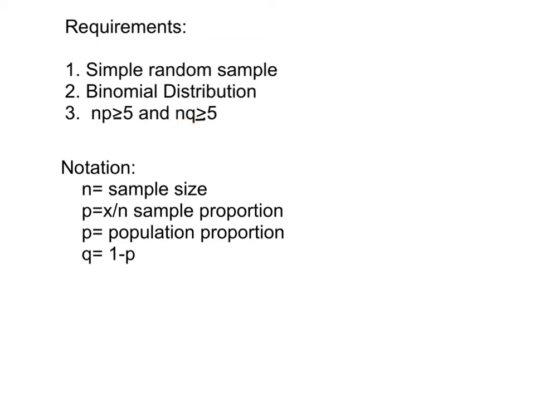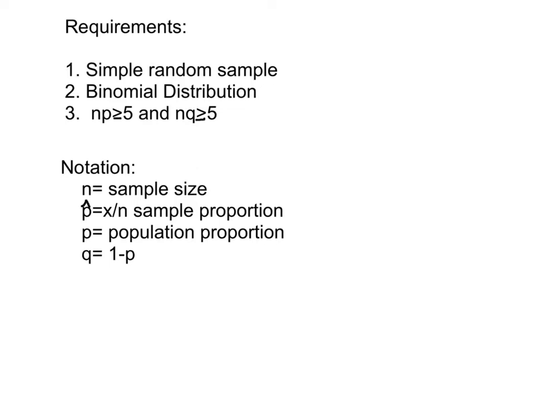So now our notation: n is our sample size, p hat is our sample proportion, and we've seen this in previous lessons, p is the population proportion, and q is 1 minus the population proportion. So q is the proportion of failures in the population, p is the proportion of successes, and p hat is the proportion of successes in the sample.